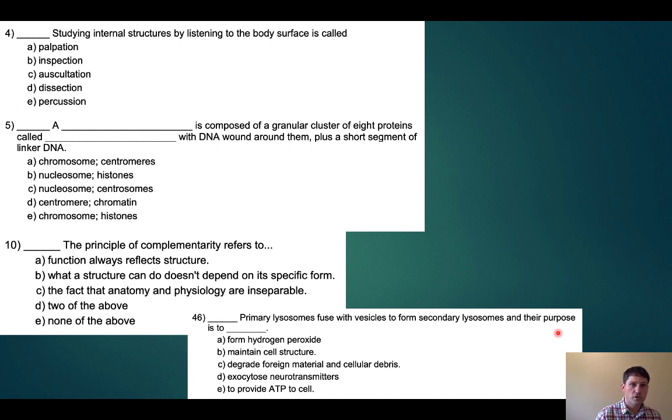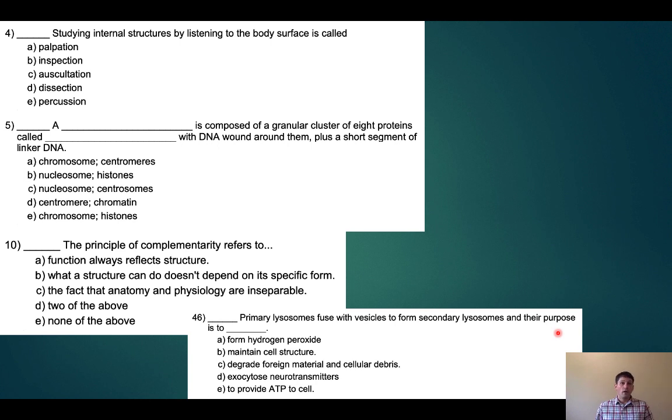So what is the structure that has 8 proteins, and what is it called when you have DNA wrapped around them plus the linker DNA? That changes things, okay? So it's a little nuanced, but if you don't spend time looking at the diagrams of the lectures, that shows you a difference between a nucleosome and a chromatosome, okay? So you're going to, again, have to be paying attention to some of those things.